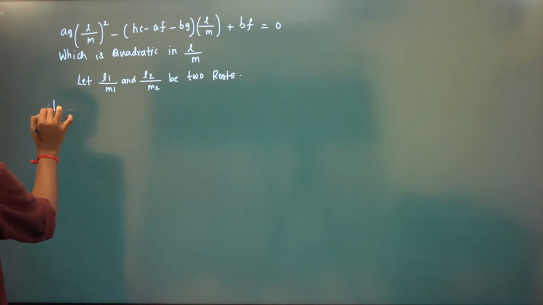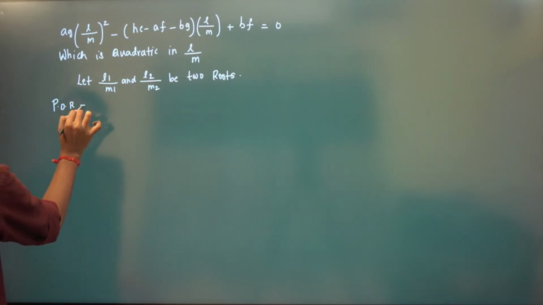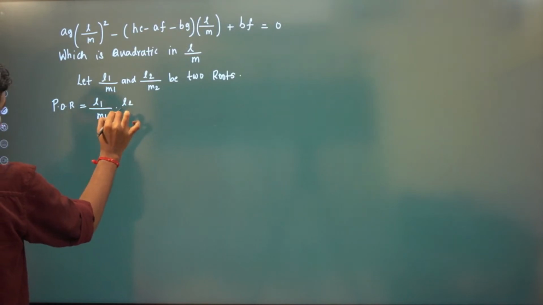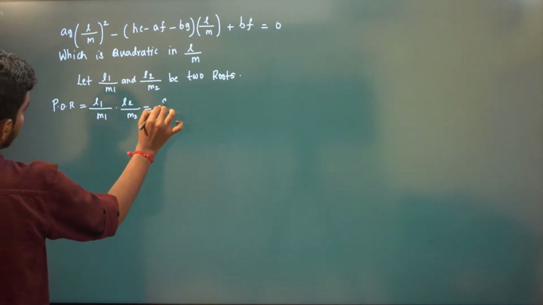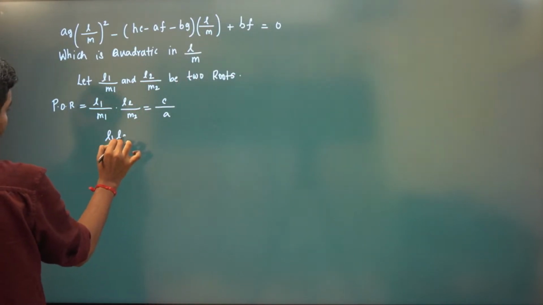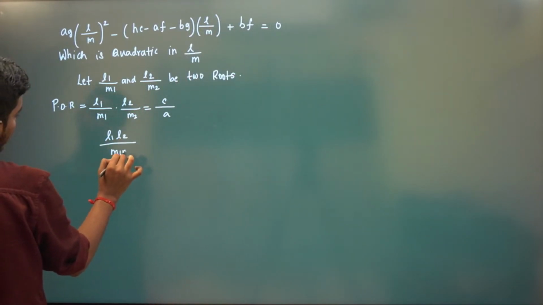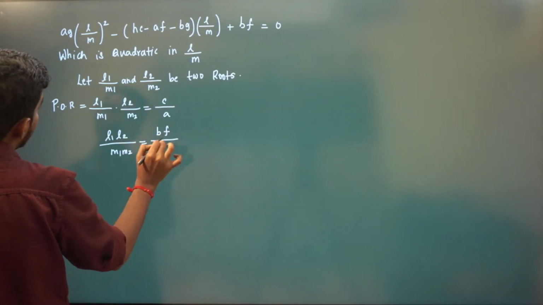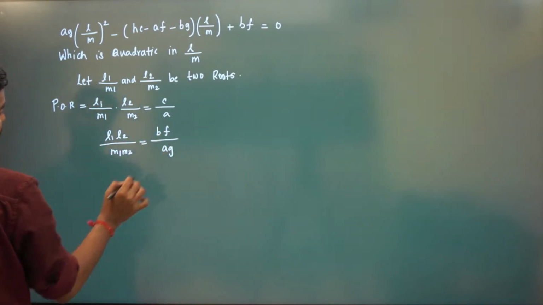What about the product of roots? Product of roots L1 by M1 into L2 by M2 is equal to C by A. So C is BF. So we have L1 L2 by M1 M2 equal to BF divided by AG.